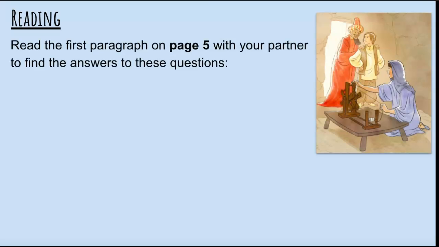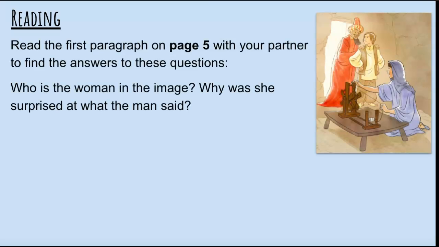You're going to read the first paragraph on page 5, and try to find the answers to these questions. And you'll write these answers on your paper. Who is the woman in the image? Why was she surprised at what the man said?